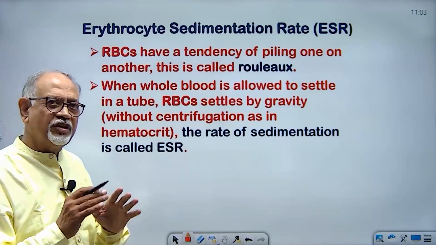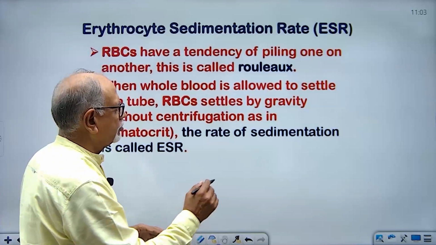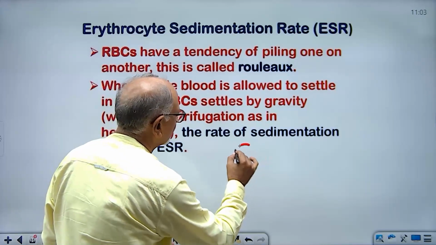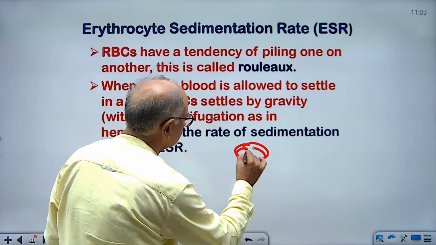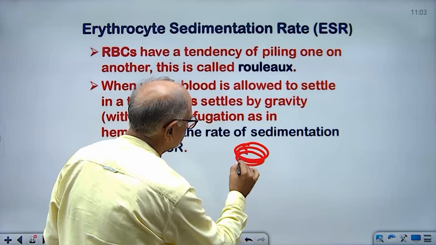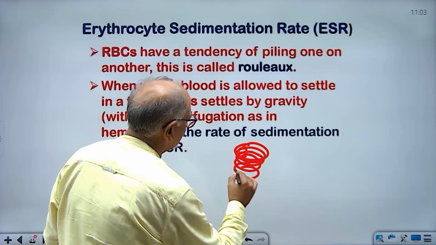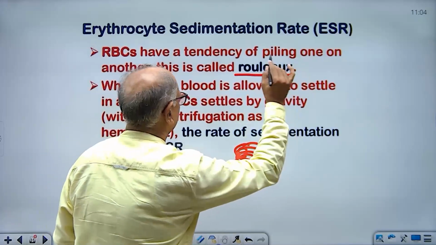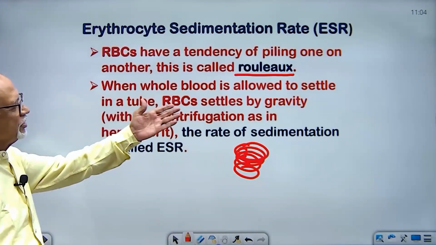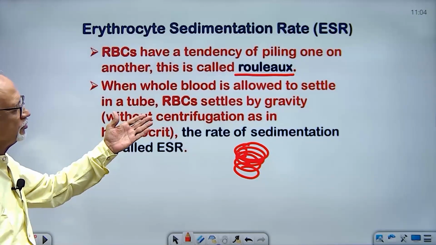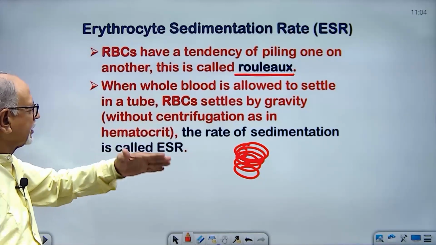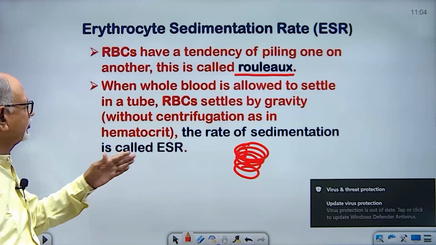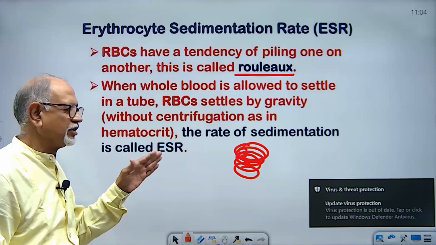The RBCs have a tendency to pile one on the other like this, forming rouleaux. So when blood is allowed to settle in a tube, RBCs settle by gravity. The rate of sedimentation is called ESR value.